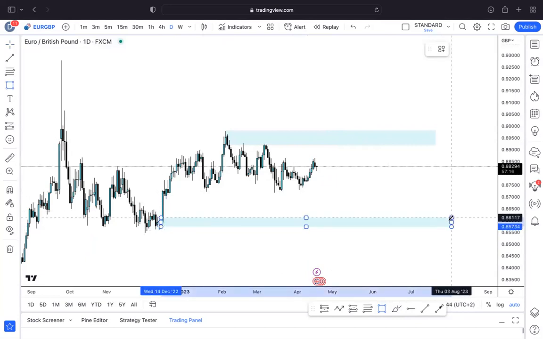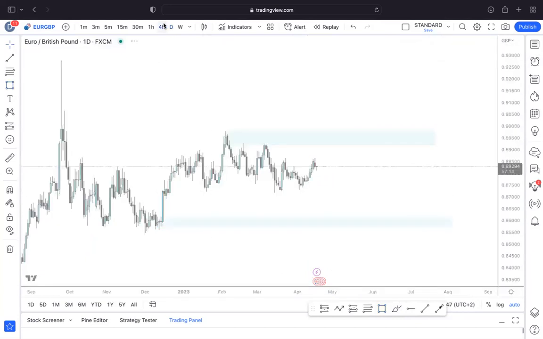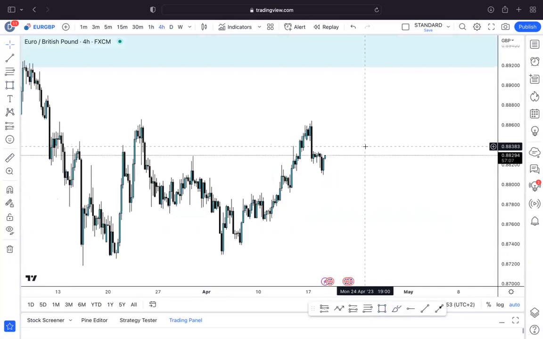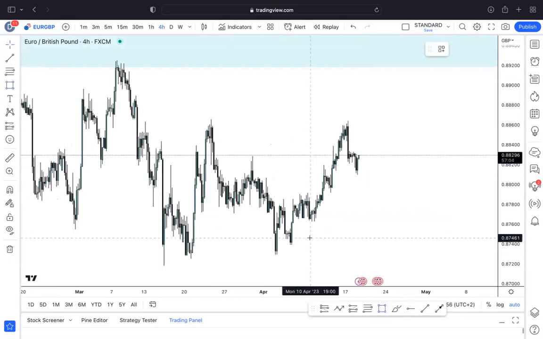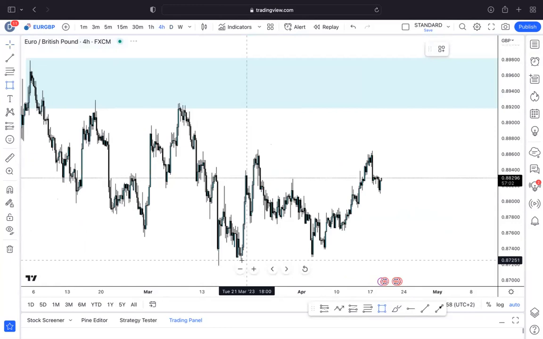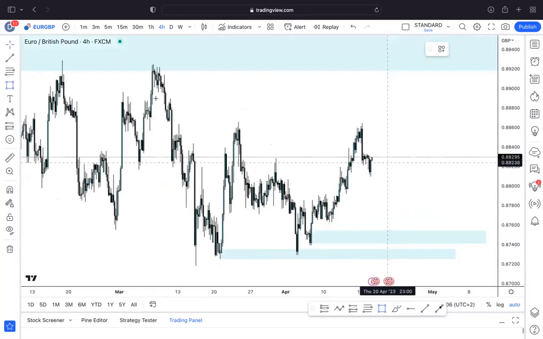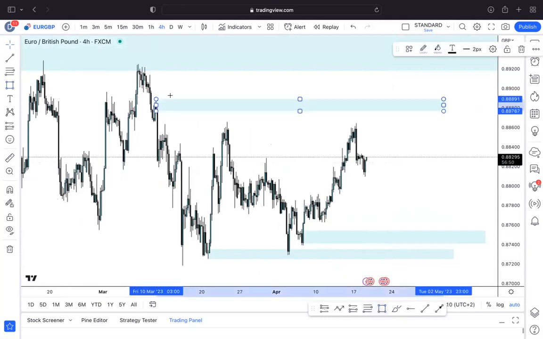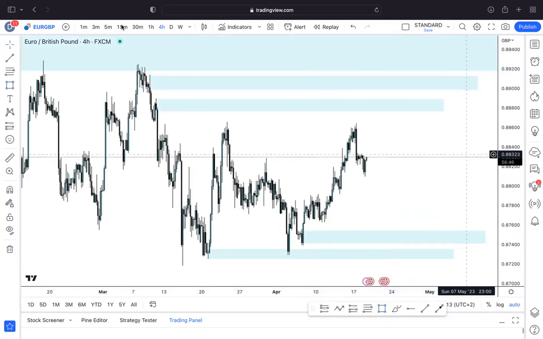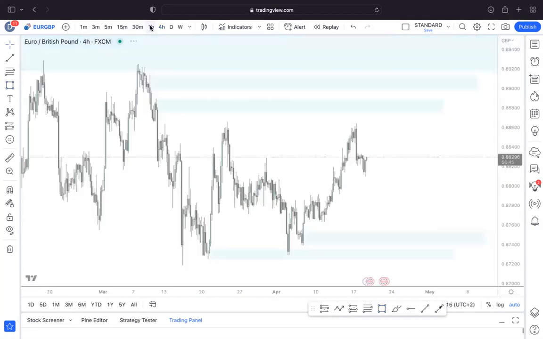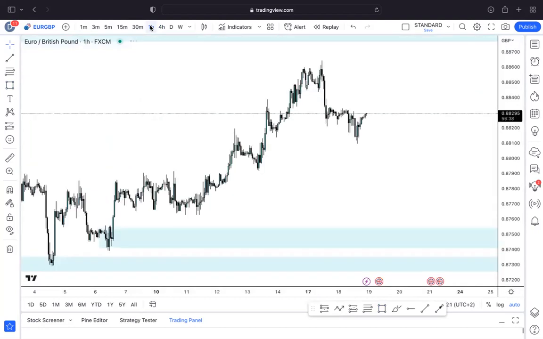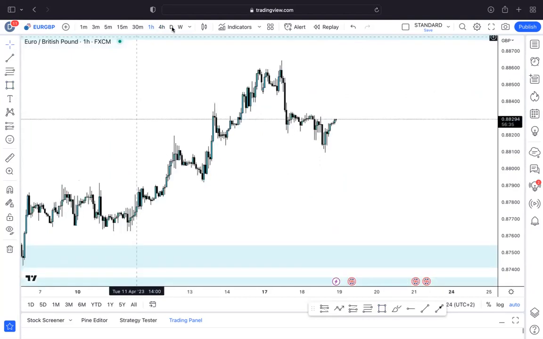Then the 4 hour zones. Be wary of this one, and here you have one, and here. So obviously within these zones, I'm looking for confirmation on a smaller time frame as well. I don't just go straight off them. Yeah, I understand that. Right, next one.